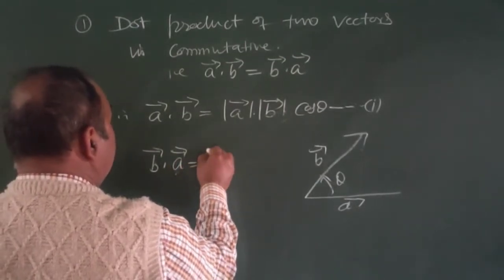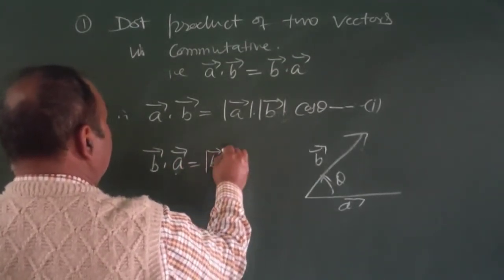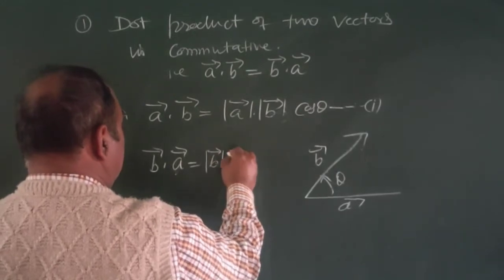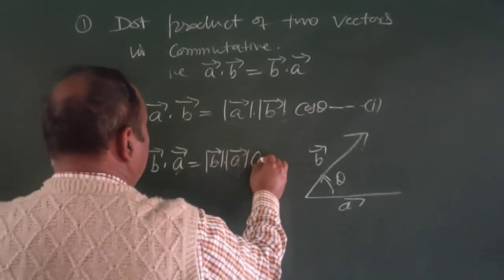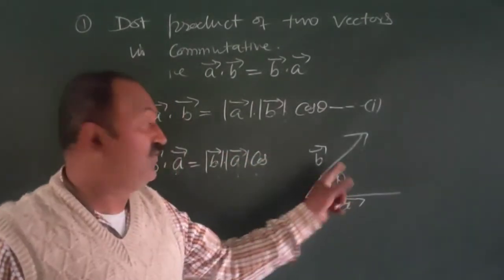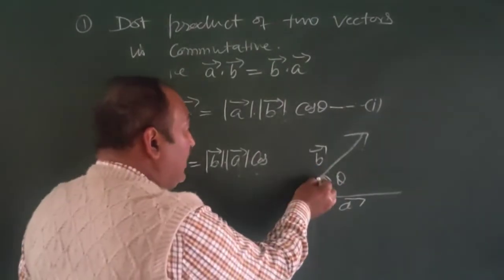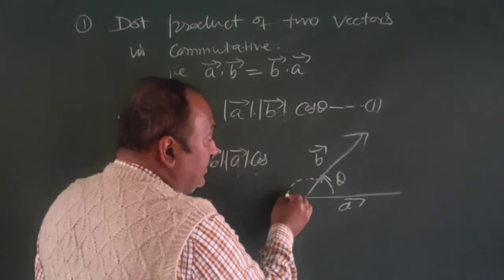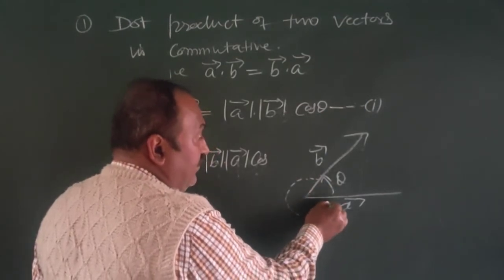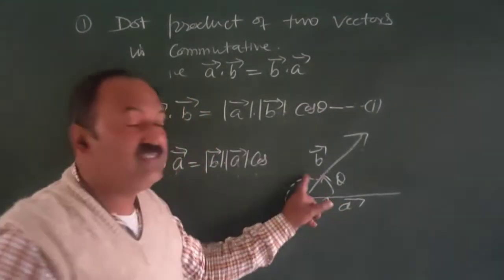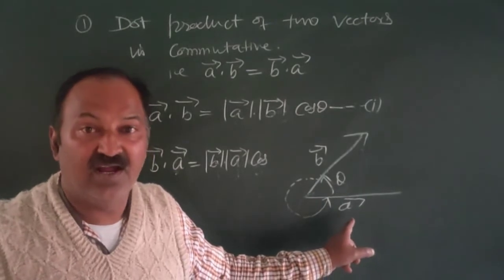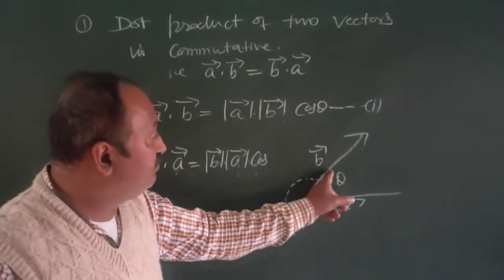is equal to B vector magnitude into A vector magnitude into cos of the angle between B and A. This is B. The angle between B and A is this angle. This is 360 minus theta, or this is minus theta.